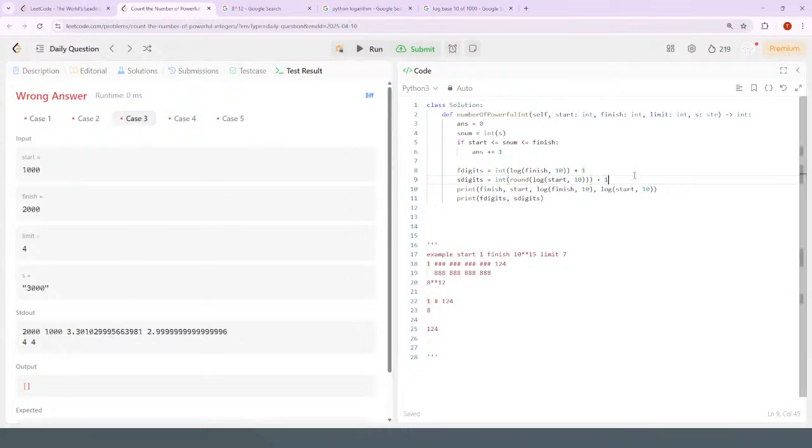Okay, let me check correctness of this log operation.